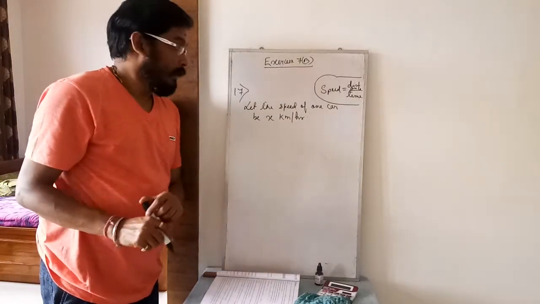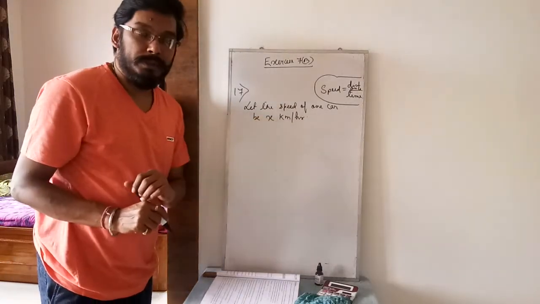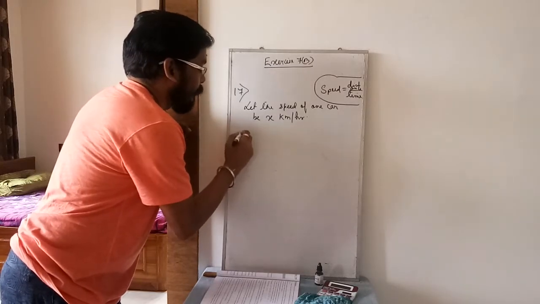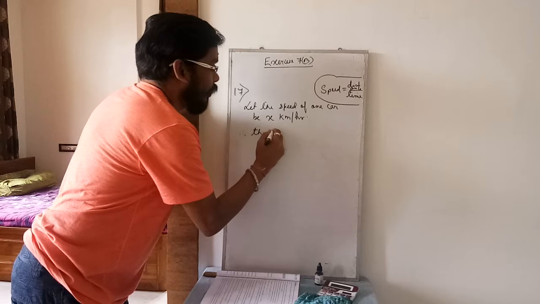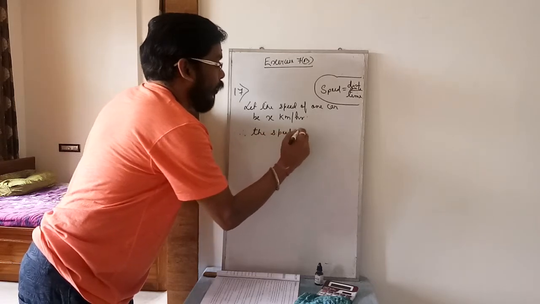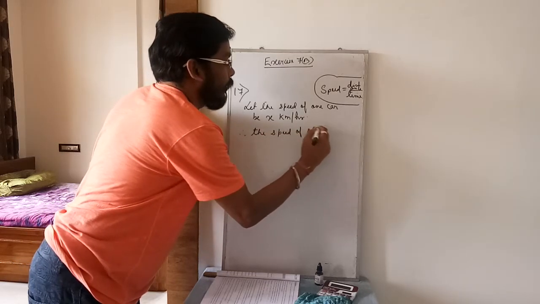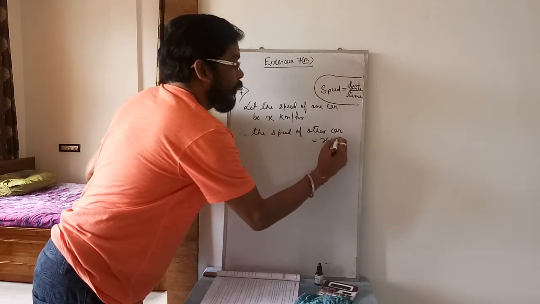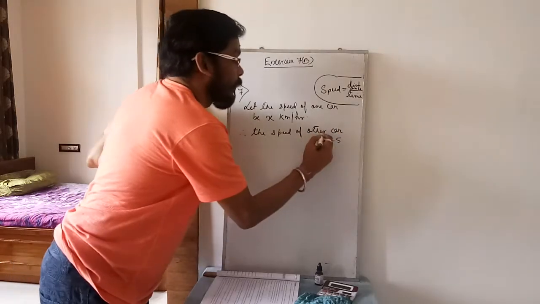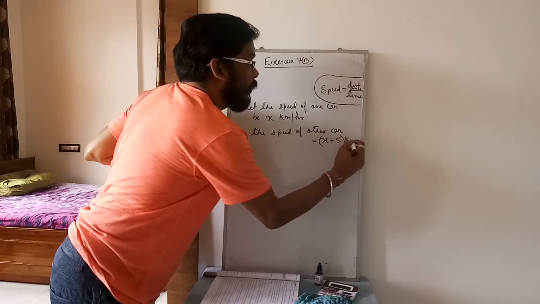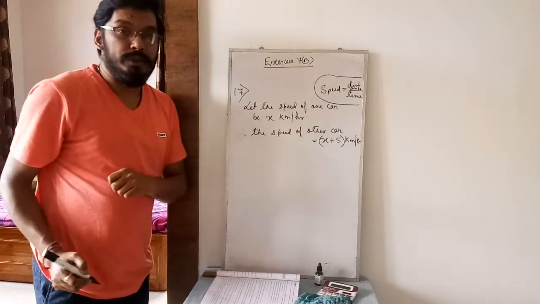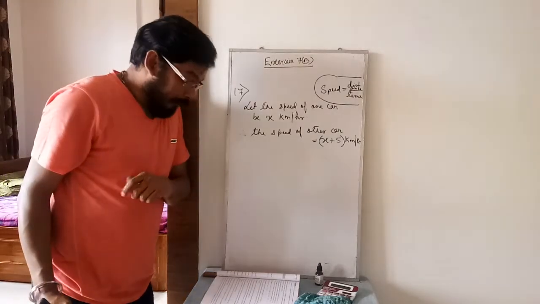Therefore the speed of the other car equals x plus 5, in kilometer per hour. So this is the speed of the two cars.